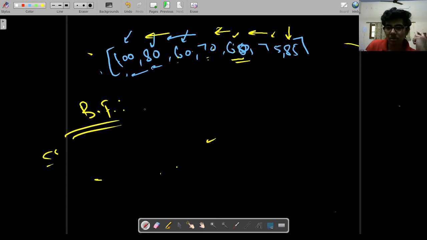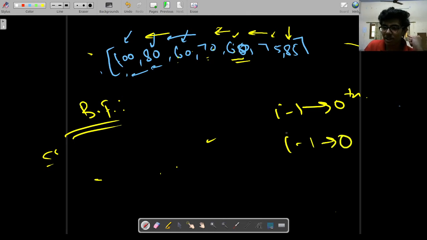What does the brute force approach say? Since we have to calculate from the I minus 1 to 0th position, we have to move from I minus 1 to 0 position.